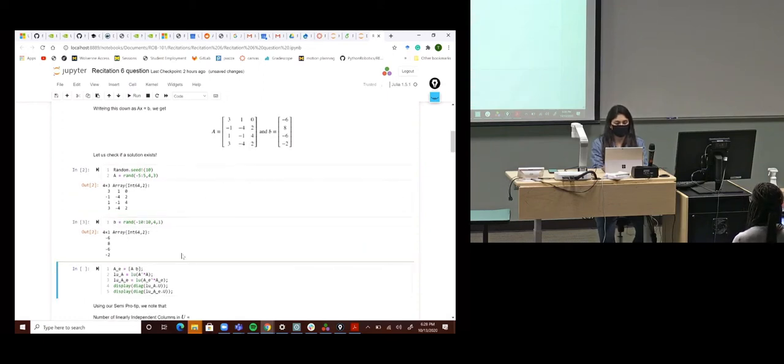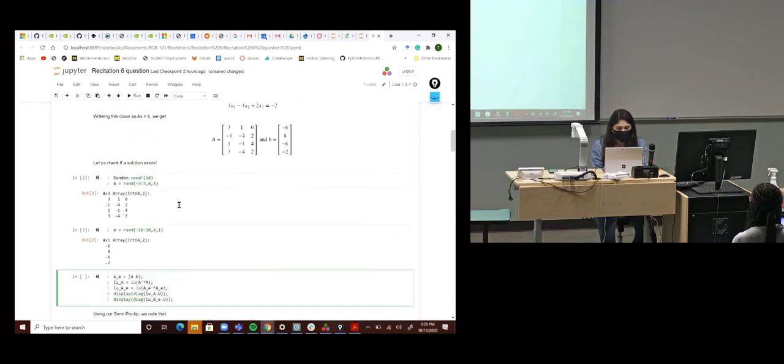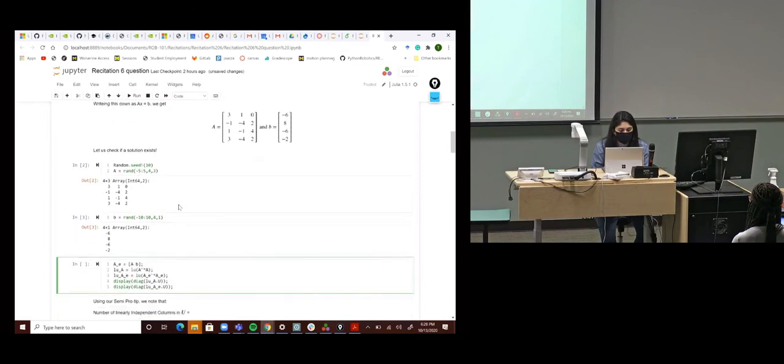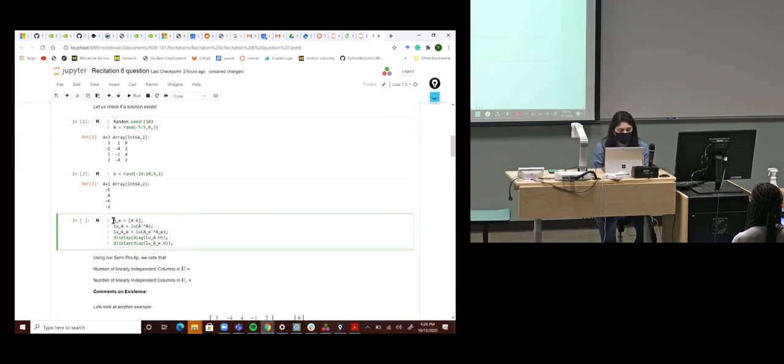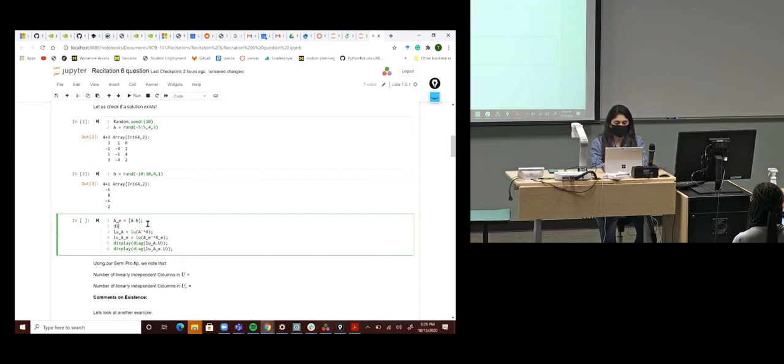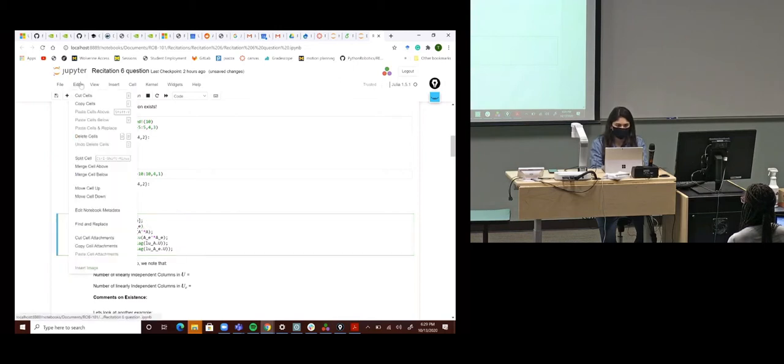Then we run this and we get a B matrix. Next thing, if we're checking for existence, what you do is you build that augmented matrix. So I put A, and then I add B as a column of A. So we can see what this looks like. We can say display AE, and I'm going to split that cell.